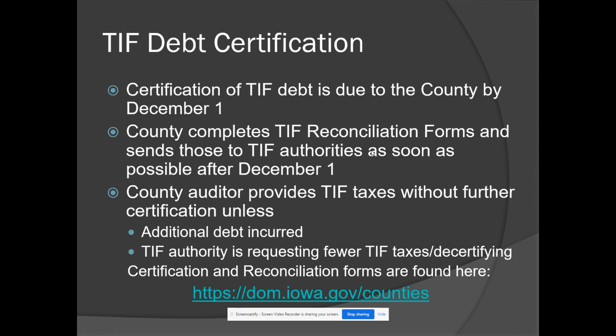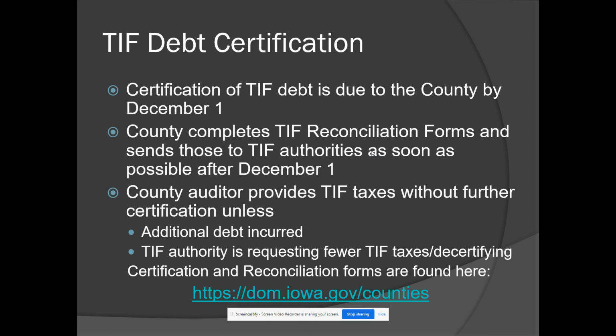The county auditor provides TIF taxes without further certification. So the TIF authority would not certify each year by December 1. They would certify that debt initially, and then they could certify in future years for that particular debt if they, say, want to request fewer taxes than what is actually owed on the debt. They want to structure it in a particular way, or they want to decertify some of that debt.